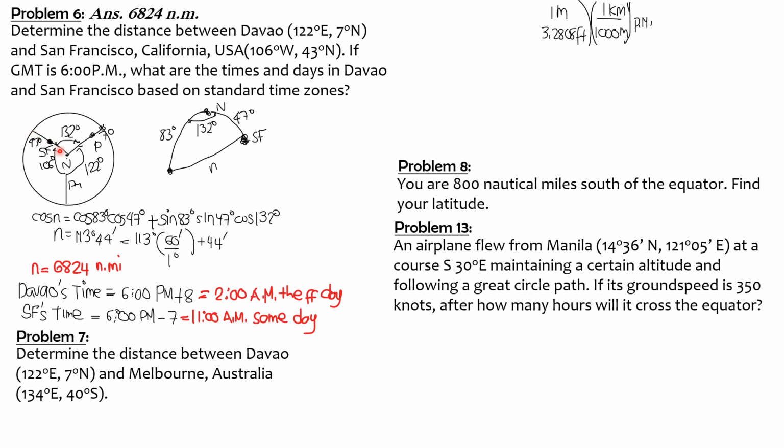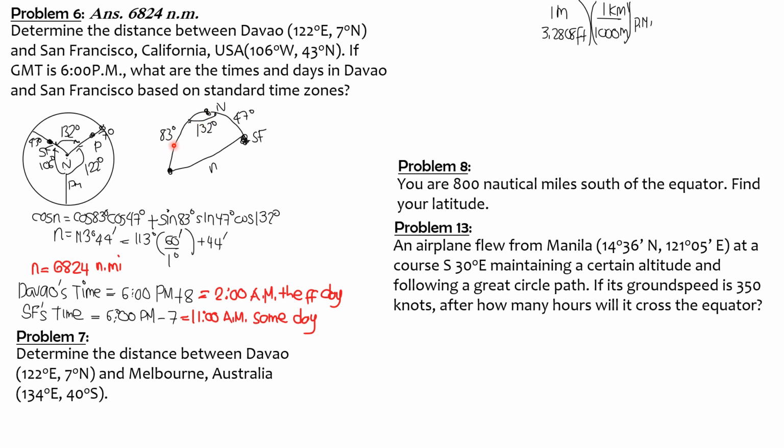So this distance from San Francisco to the North Pole is 90 degrees minus 43 degrees, 47 degrees.